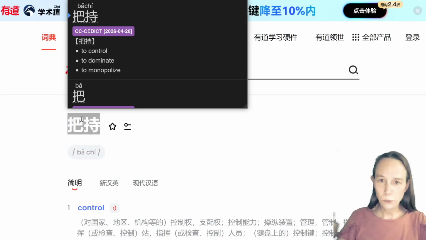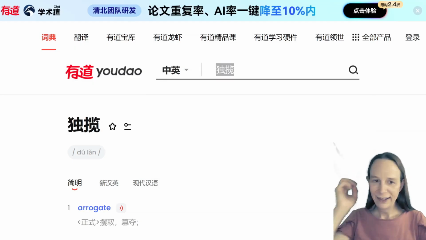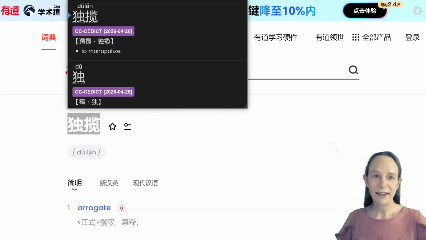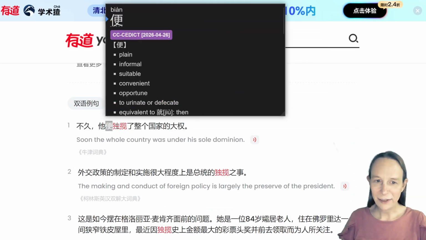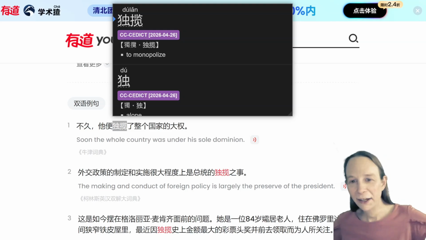Okay, so 独揽. So 独揽, arrogate. Monopolize in the sense of I'm doing everything myself. 他便独揽了整个国家的大权. Okay, so it's more like all your sovereignty belongs to me.